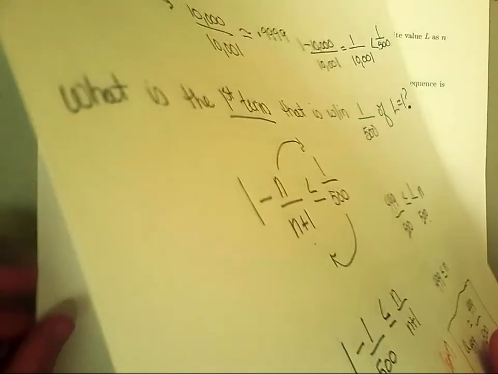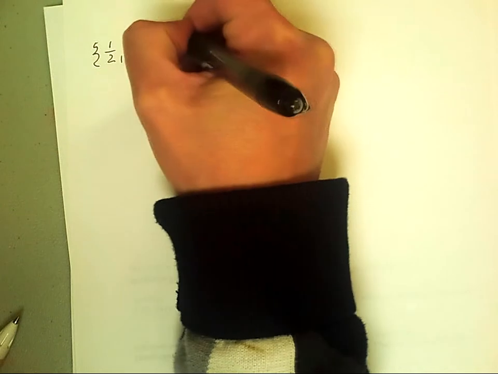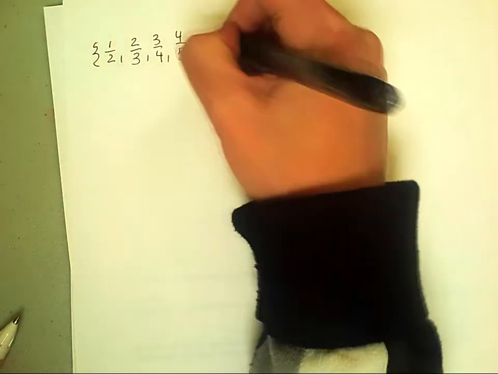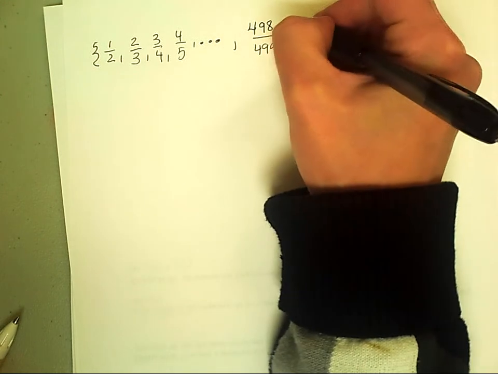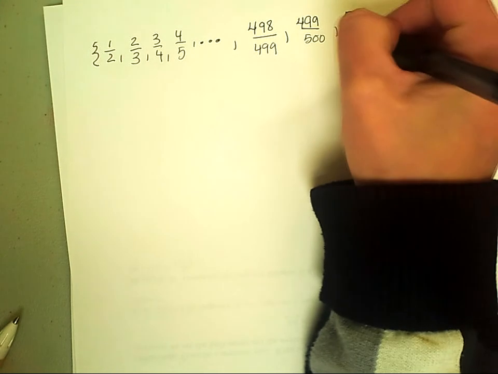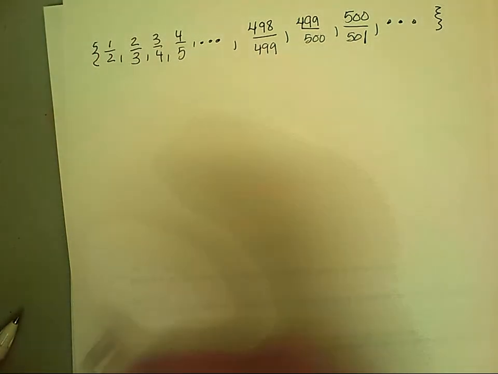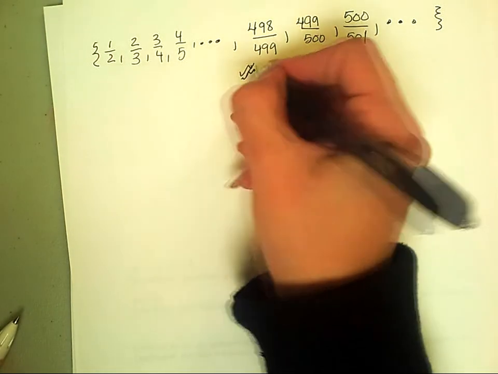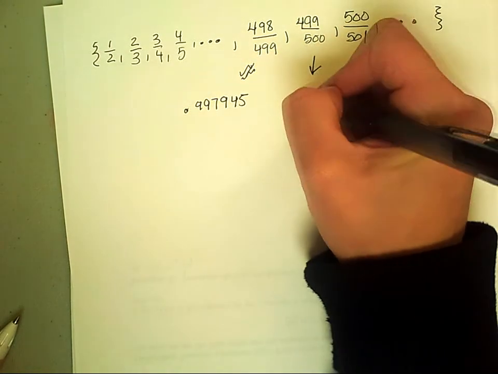Okay. So let's see what that looks like here in the sequence. So the sequence now, 1/2, 2/3, 3/4, 4/5, etc. Eventually we get to 498 over 499, then we get to 499 over 500, the next would be 500 over 501, etc. Now this is approximately 0.997945.